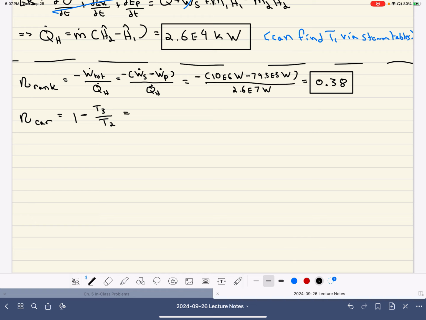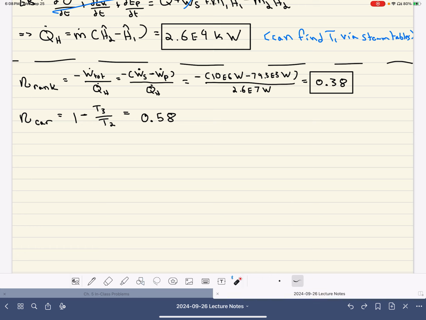So the T3, that's the temperature of the cold stream, and T2 is the temperature of your hot stream, essentially. Okay. And we find that based on that temperature difference, if we designed a Carnot engine around that, we would actually get an efficiency of 58%.